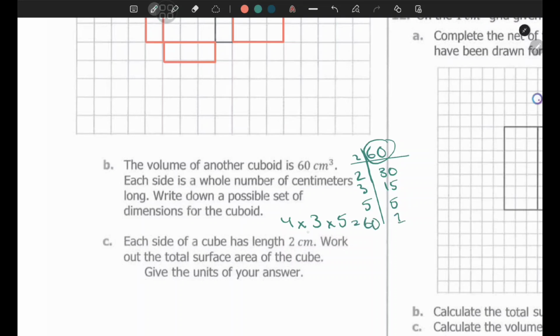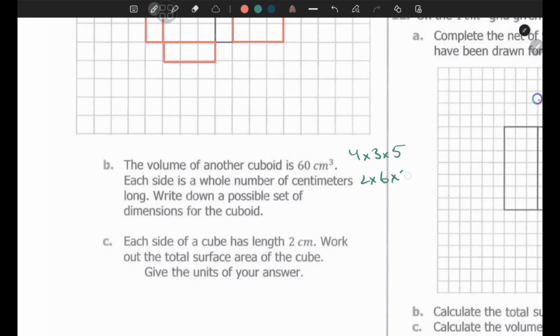Okay, so now we have 3 values which when multiplied give us 60, because volume is 3 dimensions, right?